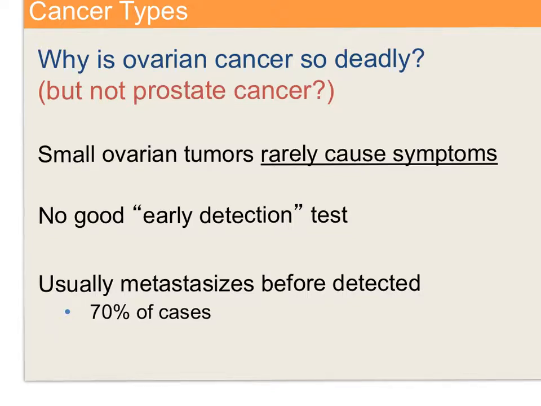It doesn't show symptoms until it's really advanced. The same thing happens with ovarian cancer. Ovarian cancer for women is really a deadly disease. It's oftentimes at stage 4 before it's actually recognized and detected.